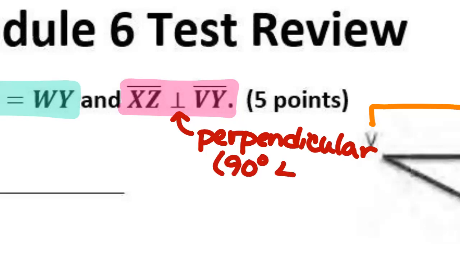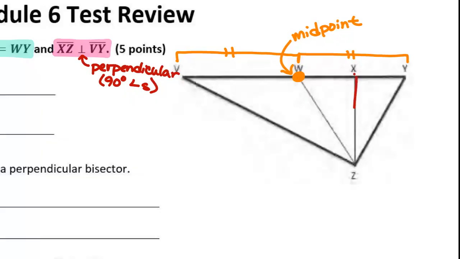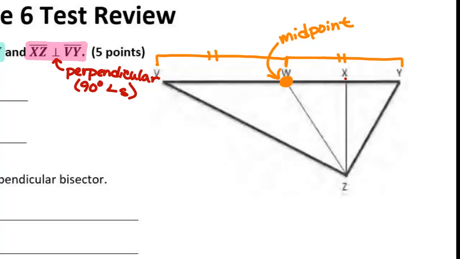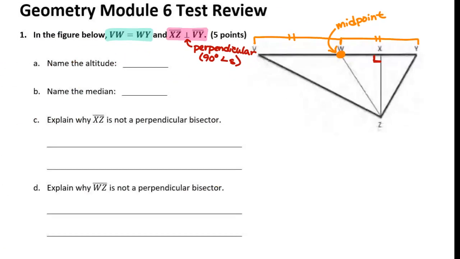Yes, 90-degree angles. So we're going to find XZ. Here's XZ. And VY. So right at X is where we're going to put our right angle markings. And it doesn't matter which side I put the right angle marking on because they're both right angles. We don't have to put the right angle marking on both of them.